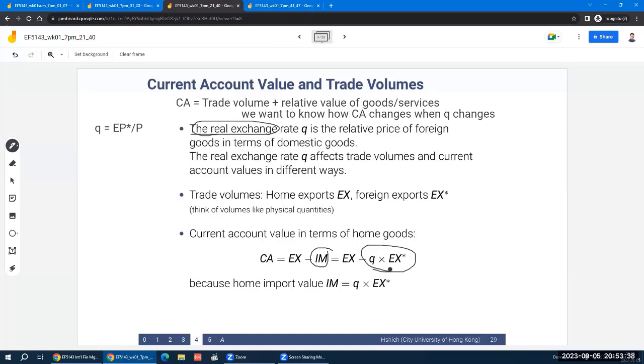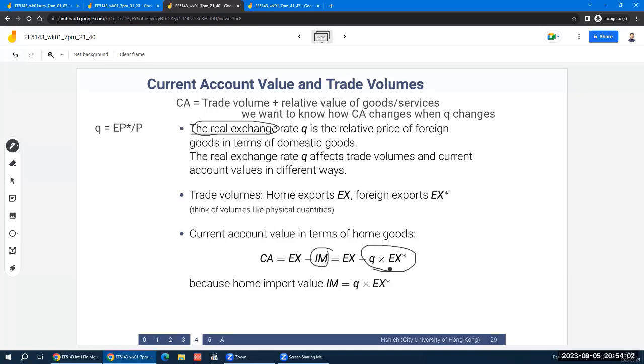That's what the price of a stock means. The price of a bottle is price per unit of bottle. Then P star is price per unit of consumption basket. So in that sense, you can convert consumption baskets from one currency to the other using Q.